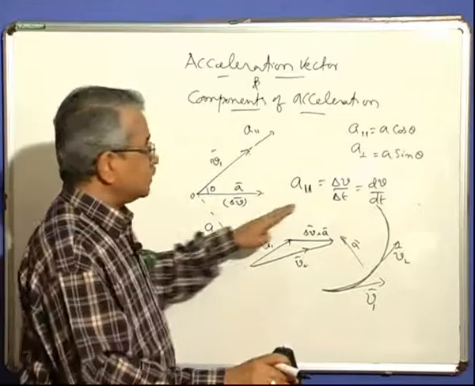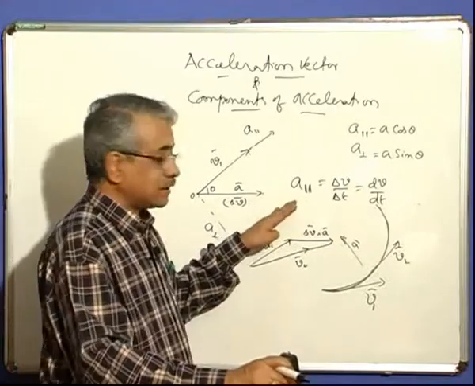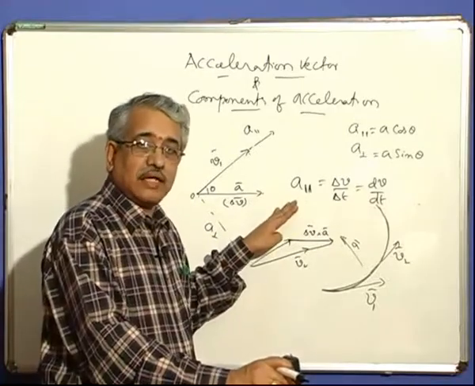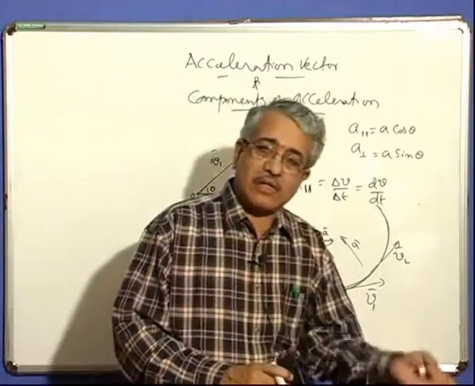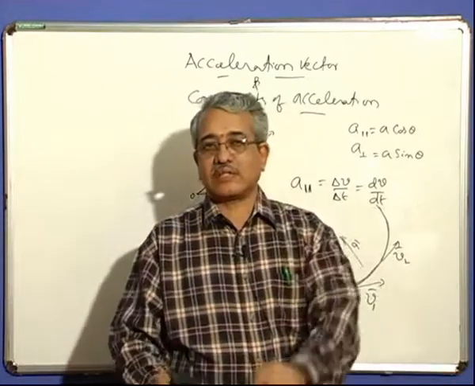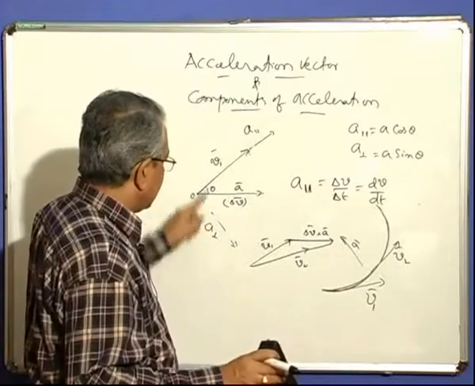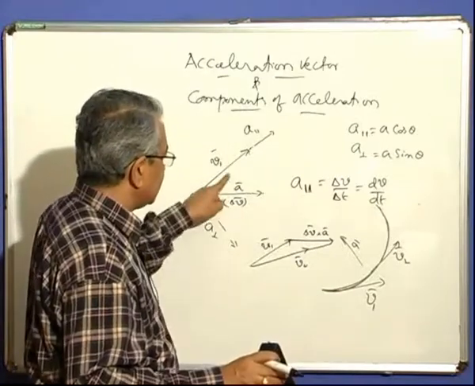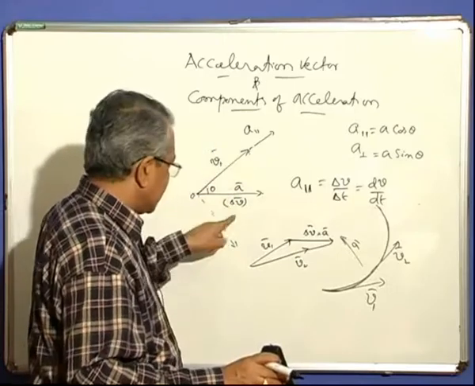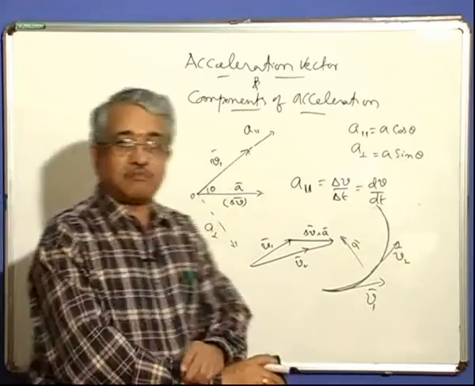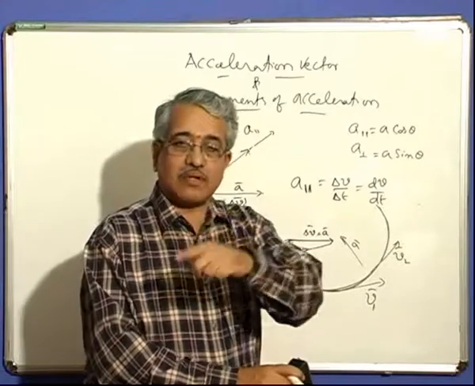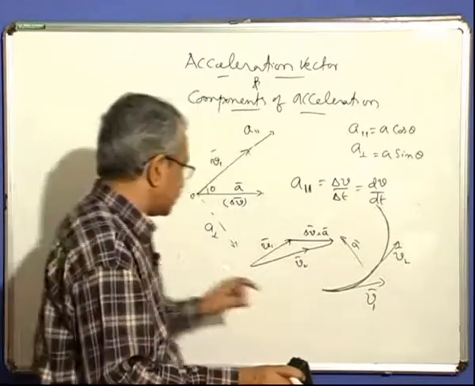Therefore, it is often useful, and very important, to calculate the change in the magnitude of the velocity and the change because of the direction of the velocity. This can be done by resolving the acceleration vector into two mutually perpendicular components: one parallel to the velocity and one perpendicular to the velocity. That is what you must understand.